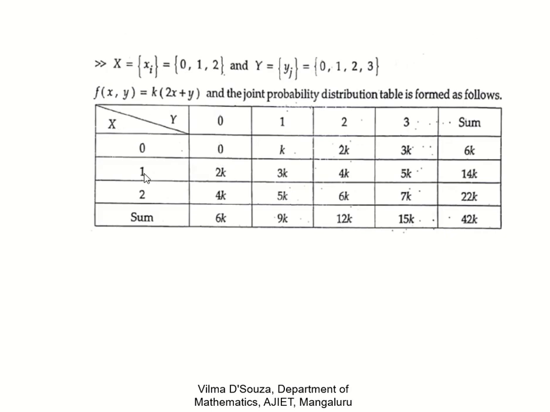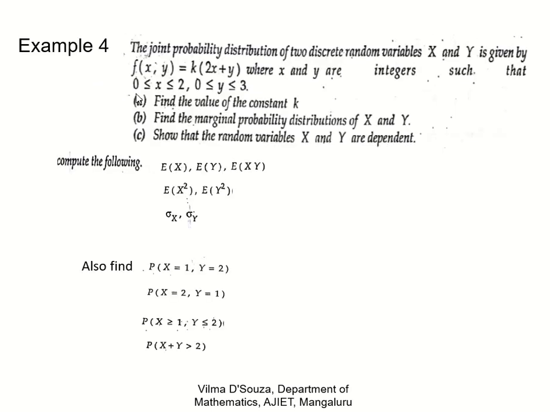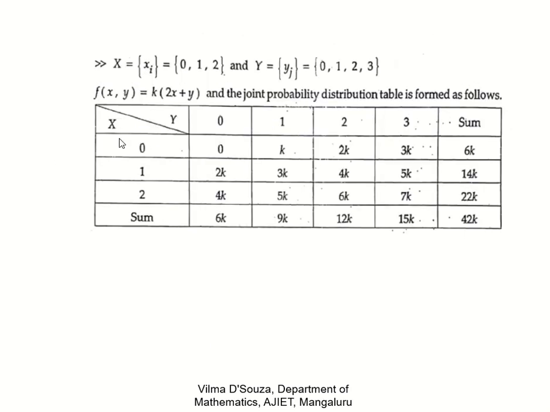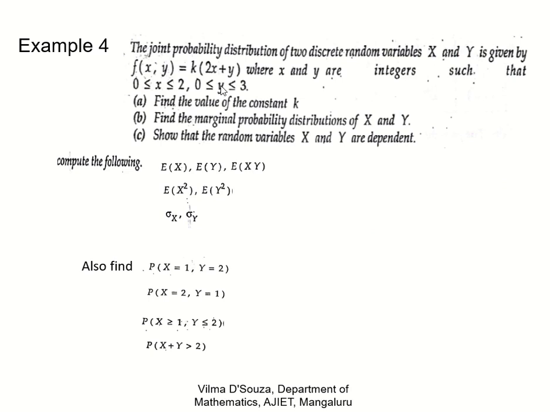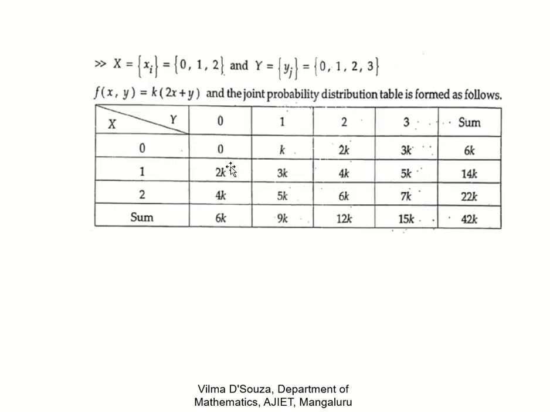What are the values of x? x varies from 0 to 2, so x is 0, 1 and 2. What is y? 0 to 3, so y is 0, 1, 2, 3. Then f of x comma y is equal to k into 2x plus y.